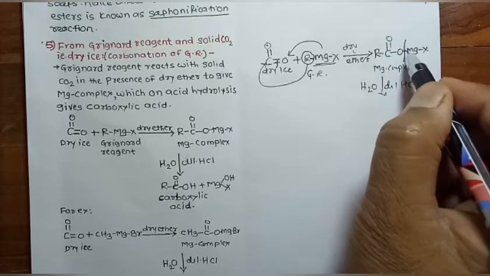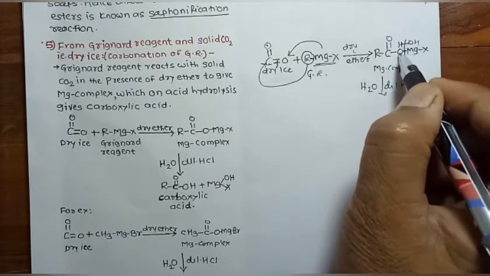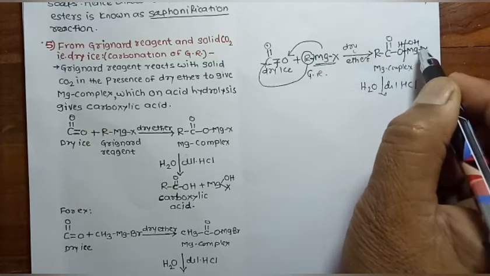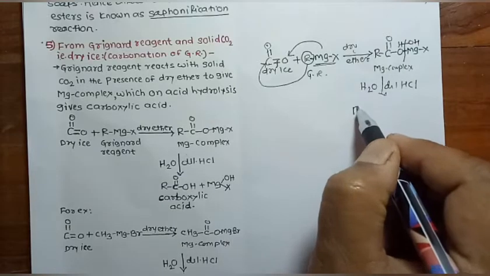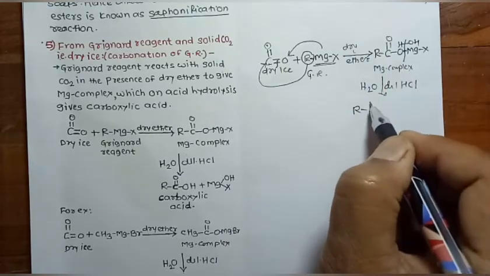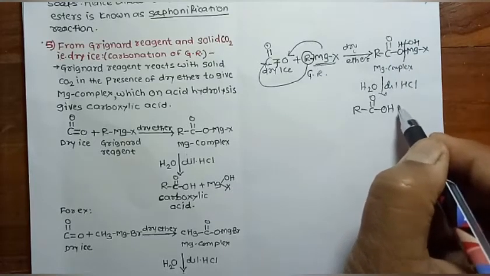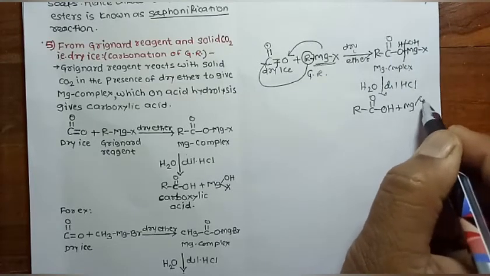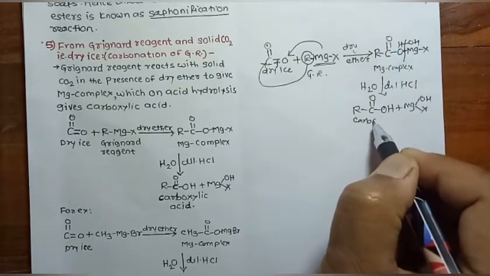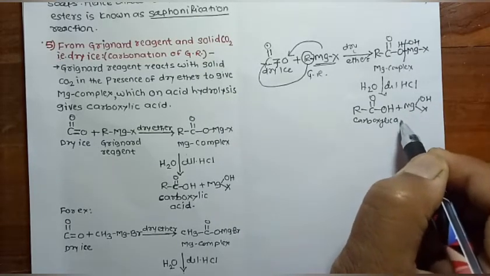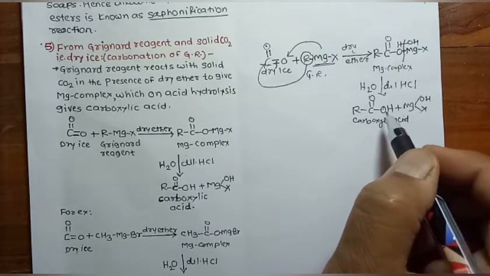The bond between O and Mg breaks, hydrogen goes to this oxygen atom, and the OH group is attached to the magnesium metal, and we will get the structure R C double bond O H plus MgOHX. It is carboxylic acid. The general formula of carboxylic acid is RCOOH.